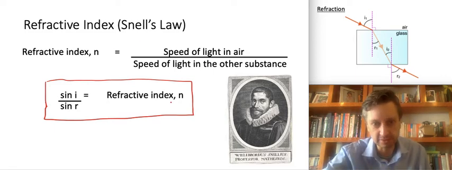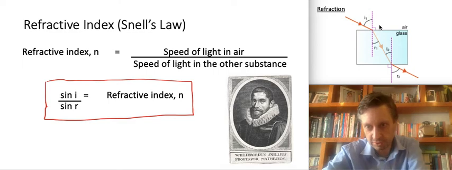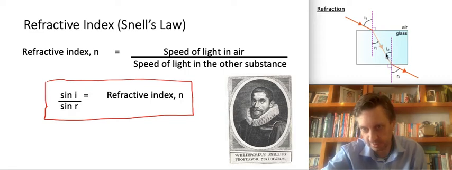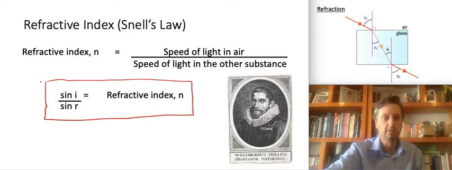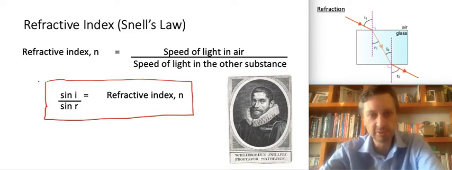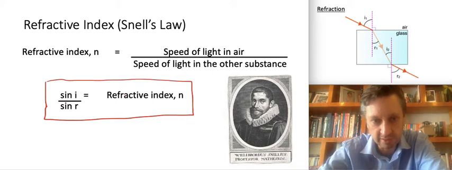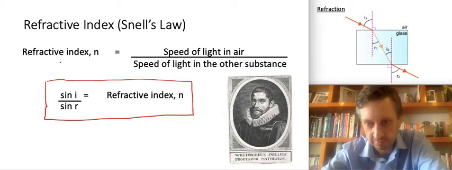And the refractive index also equals the sine of the angle of incidence divided by the sine of the angle of refraction. Obviously, at this surface, this is I and this is R. And at this second surface, this angle is I and this angle is R. So as usual, in a physics exam, you'll be given 2 of the 3 things, and you'll be asked to calculate the third.